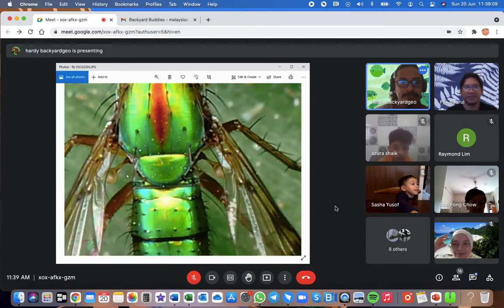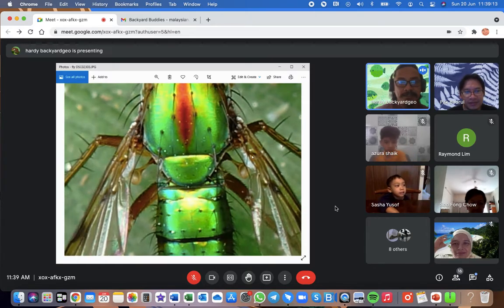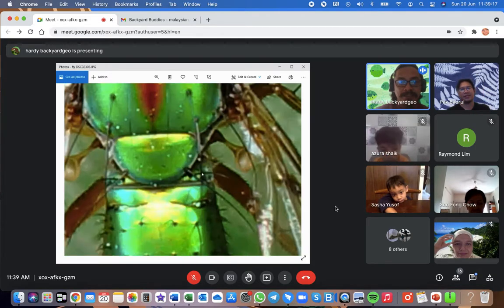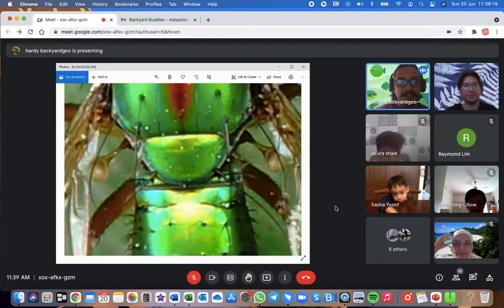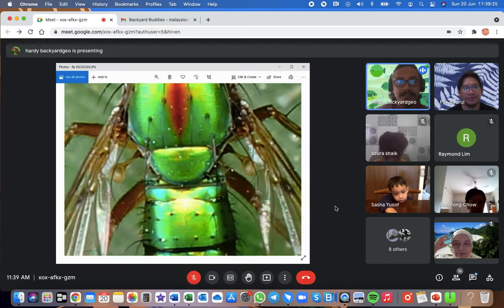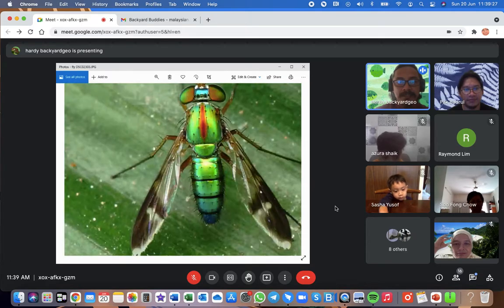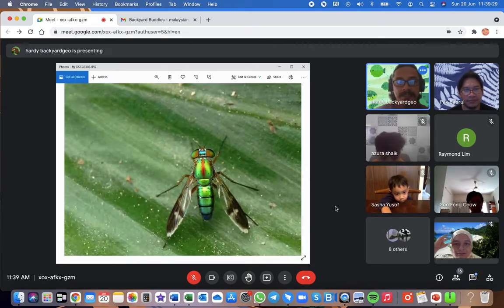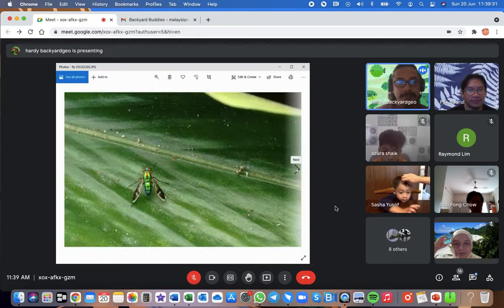The first pair, the big one, does the flying, and the second pair does the balancing. So when you fly, you need to balance. All right, and we move on.